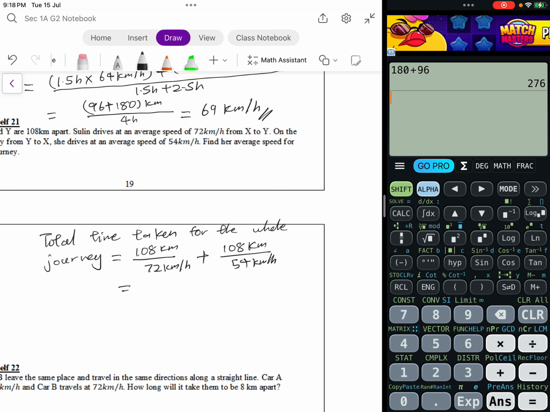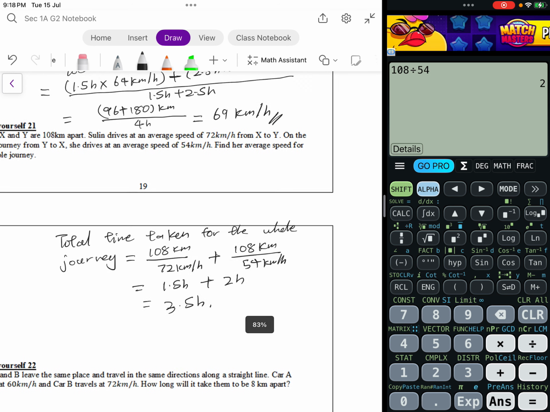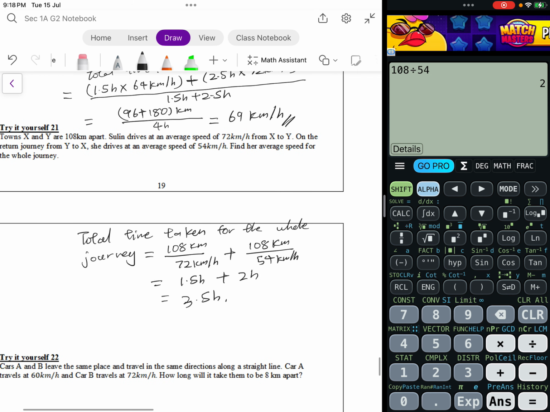So I got 108 divided by 72. I got 1.5 hours. Then I got 108 divided by 54. I get 2 hours. So the total time will be 3.5 hours. Okay, so now that we have the total time, we can find the average speed, right, for the whole journey.